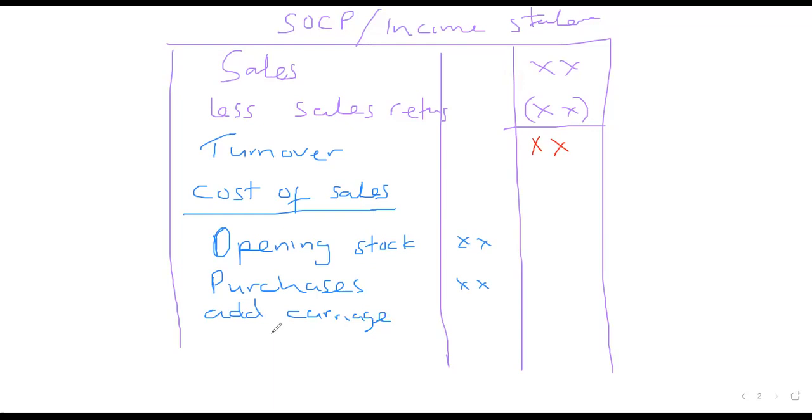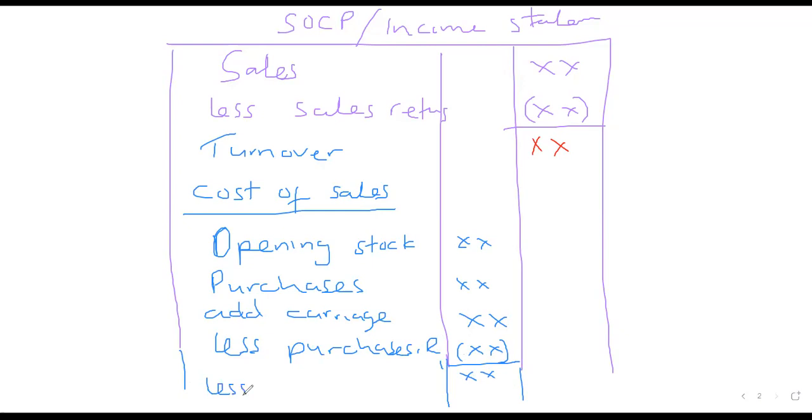However you rearrange them, there's no strict order here. Then you can also list purchases returns, and the figure that you're getting, you can list closing stock, closing inventory.